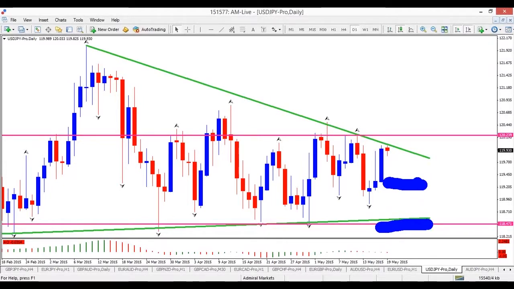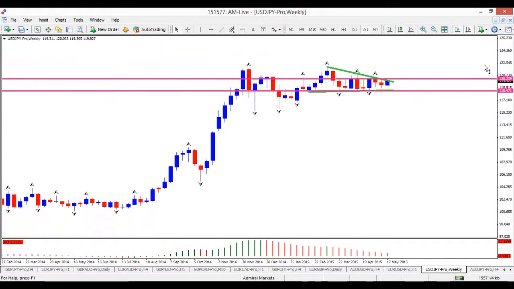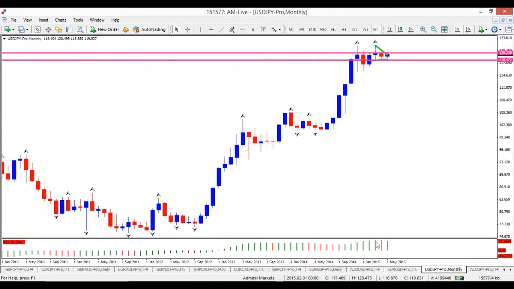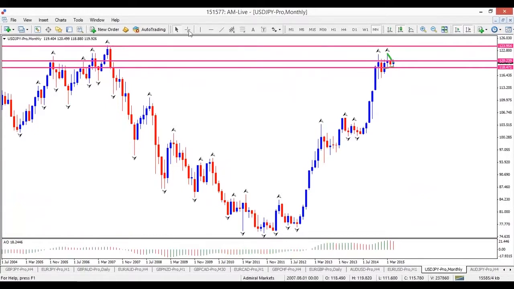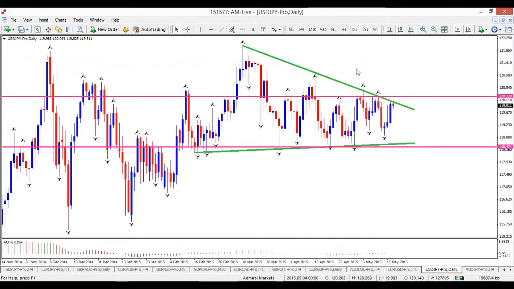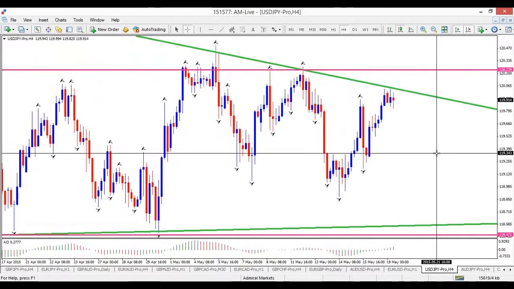But there is potentially all the way space up to the next resistance level, I think somewhere up in here, 124. So you have potential of close to 500 pips there.